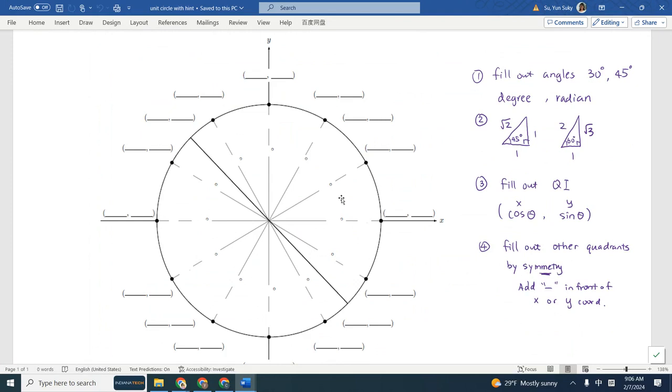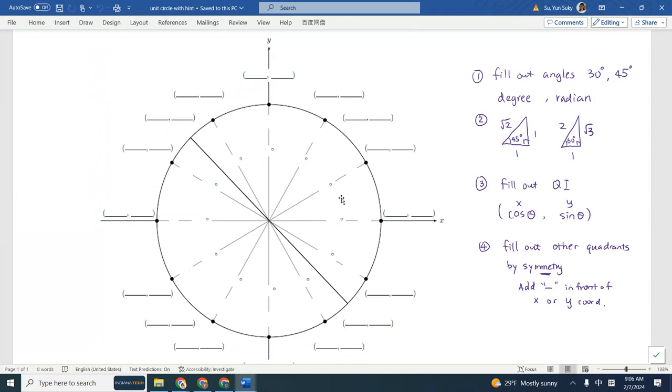So if you don't get perfect scores on the unit circle, or if you haven't taken it, come to see me. You don't have to be completely ready before you come to see me. If you have trouble memorizing them, I can go through the rules with you again, and I can guide you to do all of this step by step.